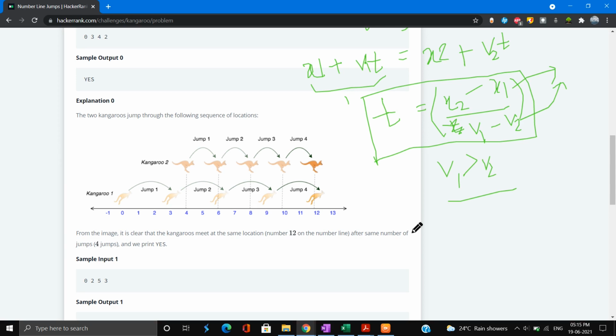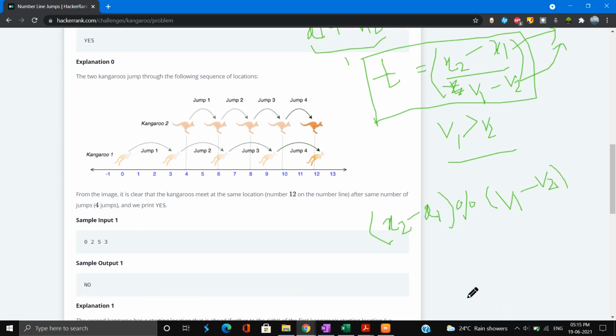We can use a modulo operation for this. So we find the remainder after dividing the numerator by the denominator.